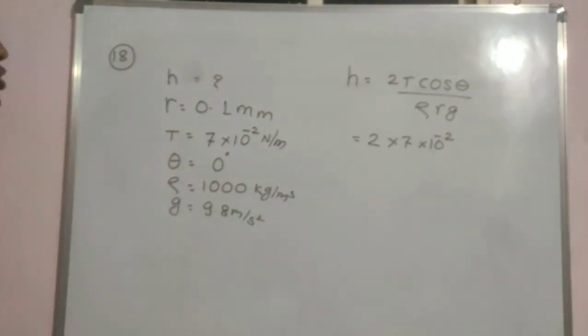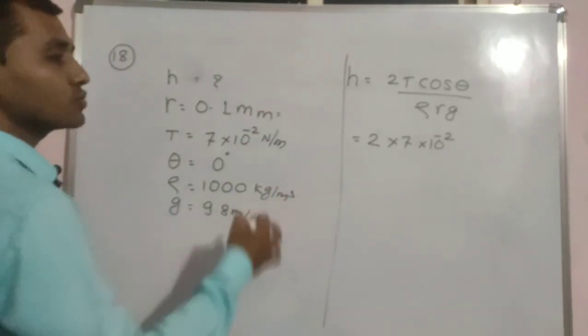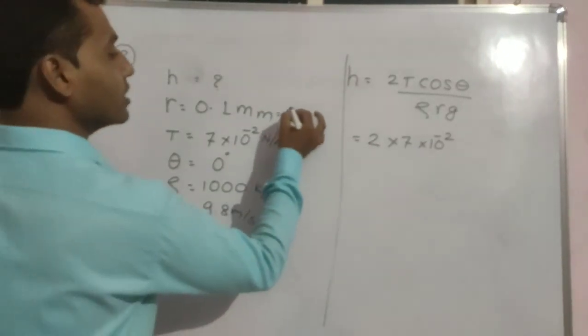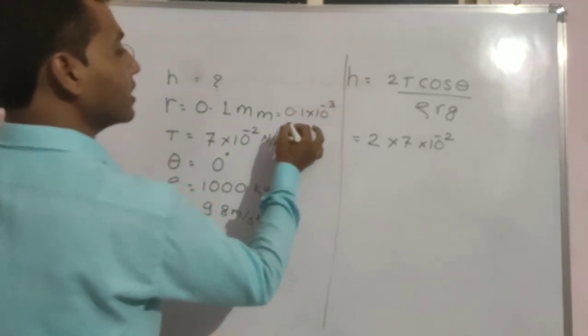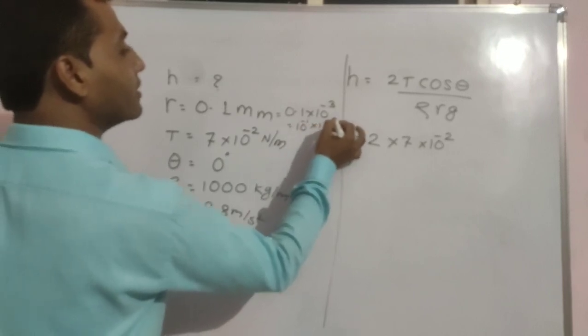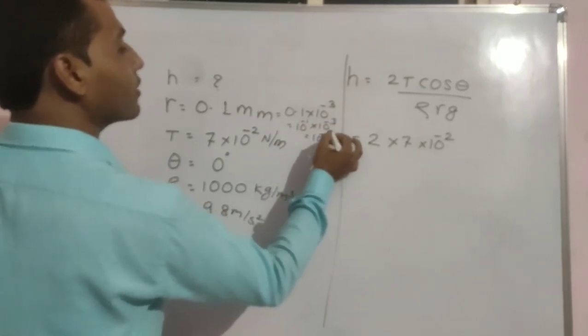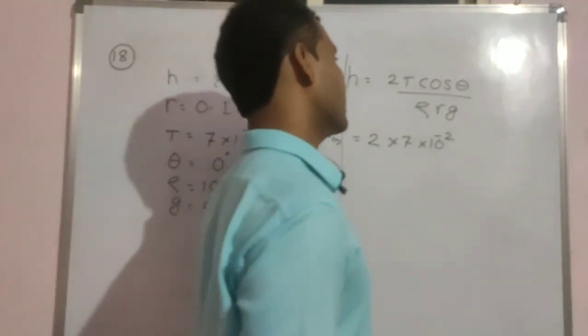They have given us the radius in millimeter, so first we have to convert it into meter: 0.1 into 10 to the power minus 3, means 10 to the power minus 1 into 10 to the power minus 3, that is 10 to the power minus 4 meter. So this is the radius.